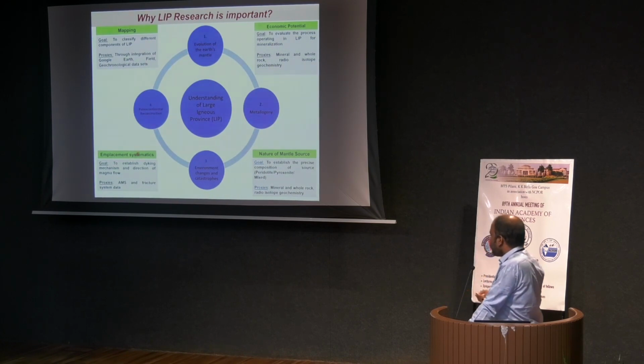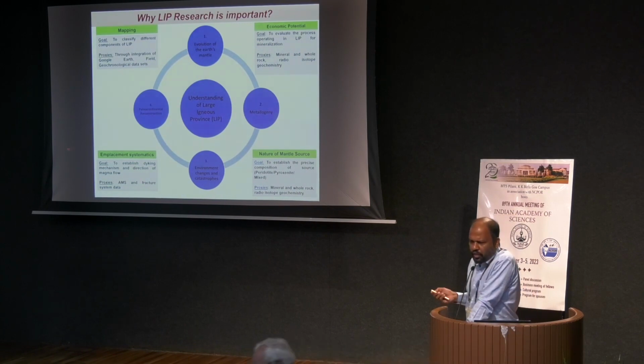In addition to that, we are also evaluating the economic potential of different large igneous provinces of the Indian shield. We are also doing geochemical study through whole rock geochemical analysis and isotope geochemical analysis, by which we can evaluate the nature of the mantle source from which these magmas are coming.